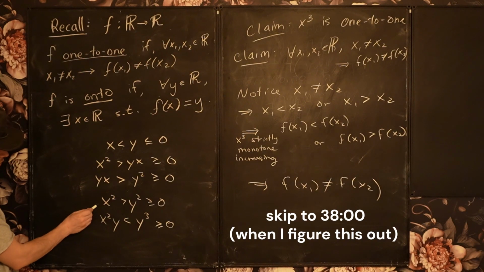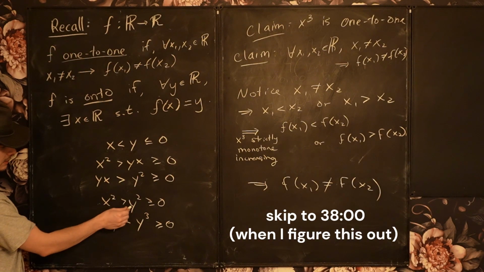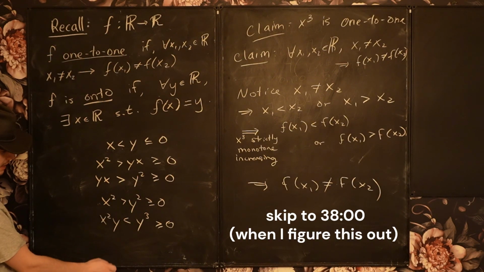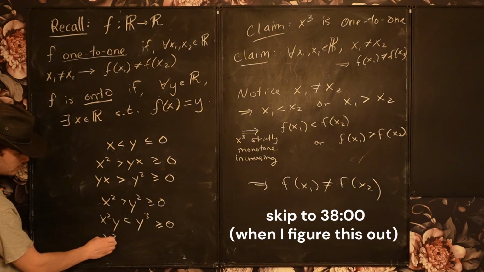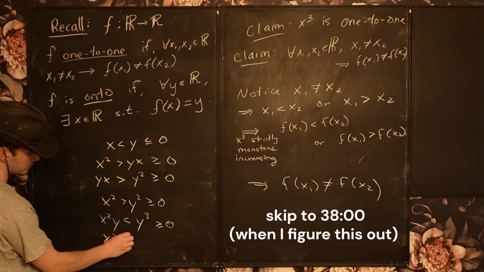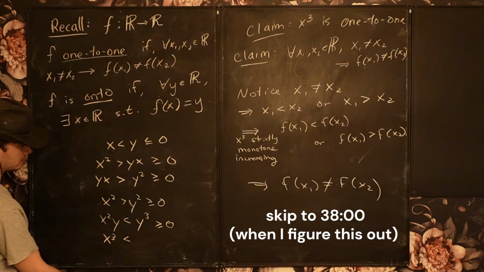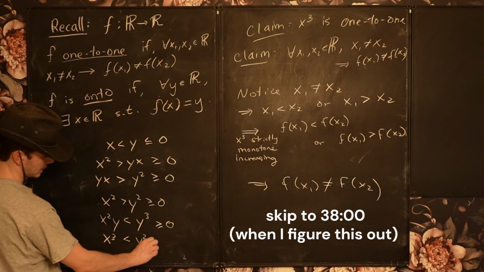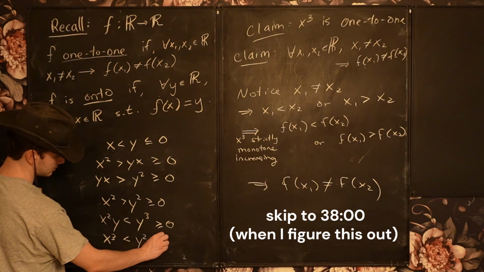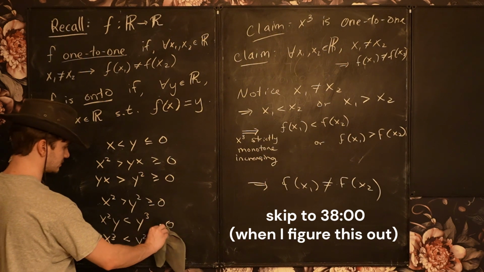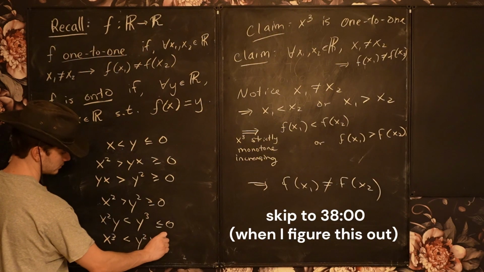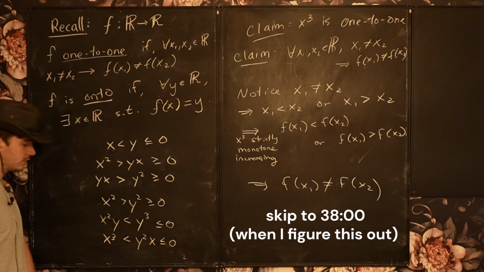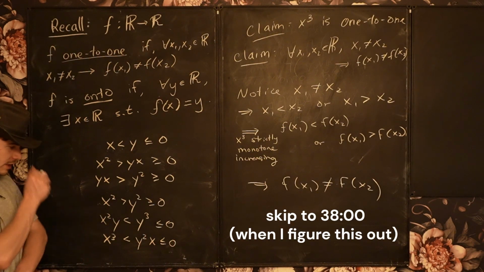If I multiply this inequality by x instead, I'll get x cubed is less than y squared x, sorry, less than or equal to 0. Okay, we're on the right track.